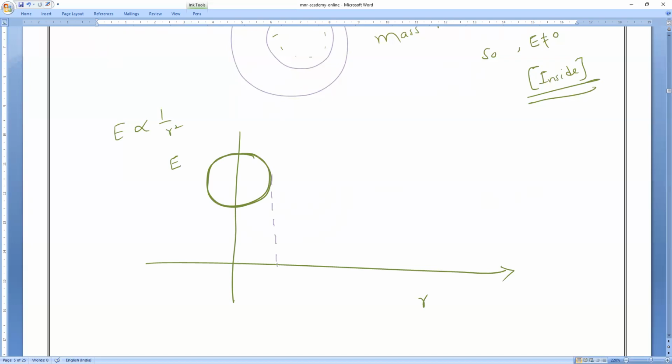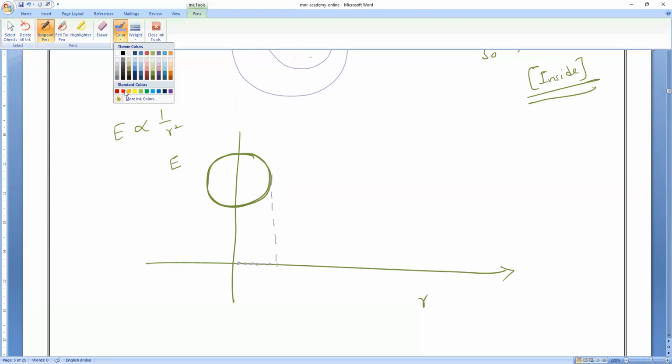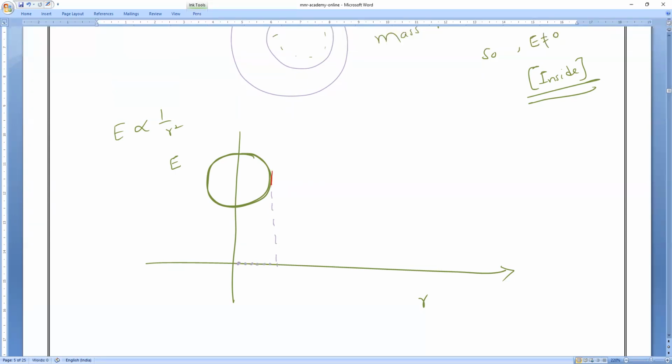Now up to here, what is the E? Anybody can tell me? Up to here it is inside. What is the gravitational field, up to the surface? 0 only. Am I right or wrong? So this was inside. Inside there is no gravitational field, it is 0.